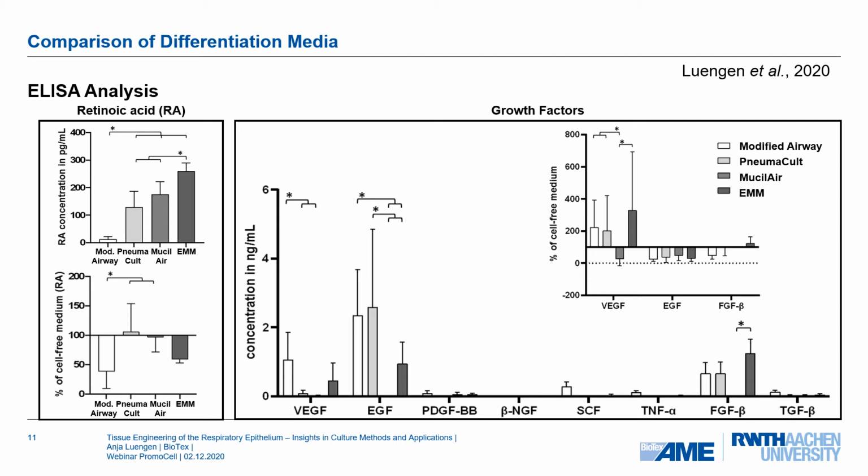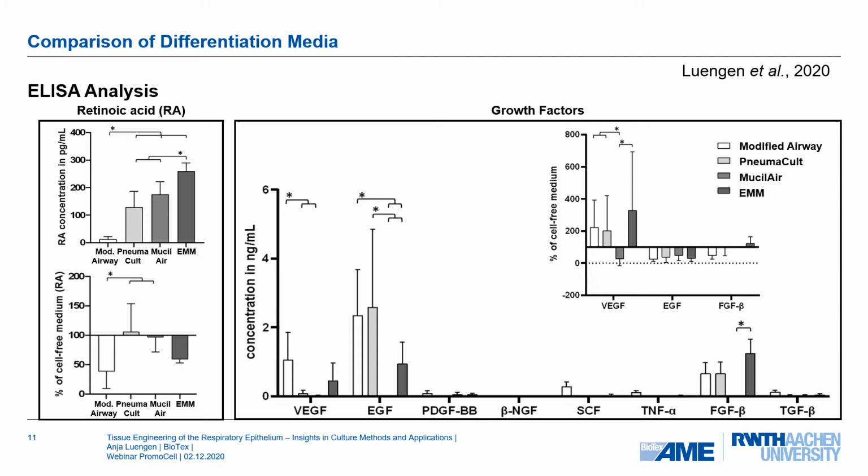We further analyzed 8 additional growth factors and found significant differences for vascular endothelial growth factor, or VEGF, epidermal growth factor, EGF, and fibroblast growth factor beta, or FGF-beta. For VEGF, we observed a production in 3 of the analyzed media, with the concentrations being highest in modified airway medium and EMM.